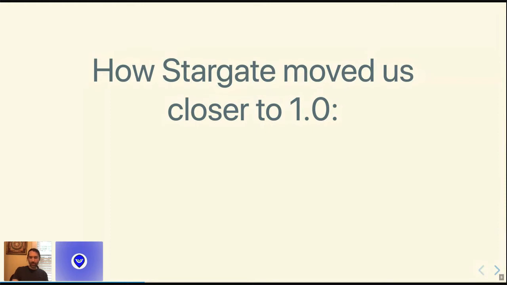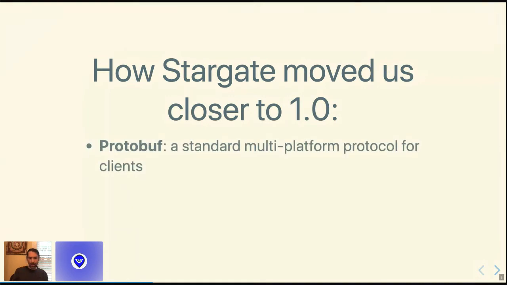So I want to touch on two ways that I think Stargate moved us closer to 1.0. One of the big things about Stargate is IBC, but I'm actually not talking so much about IBC here because I'm focused on the core aspects of the SDK that are moving us towards that stable foundation layer. And so one of those is protobuf, which is a standard multi-platform protocol for clients.